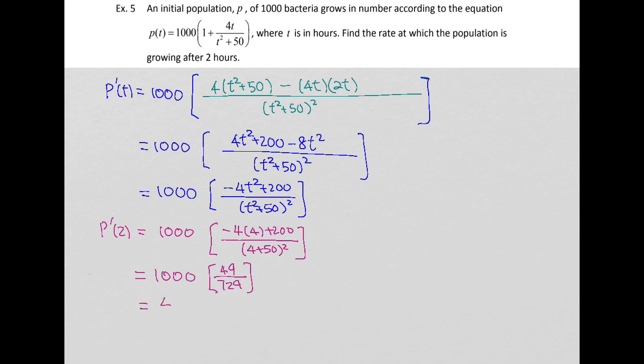So our answer will be 49,000 over 729, which is approximately 67.22. Since we are talking about number of bacteria, so we will round off. Therefore, we say the bacteria is growing at a rate of 67 per hour.